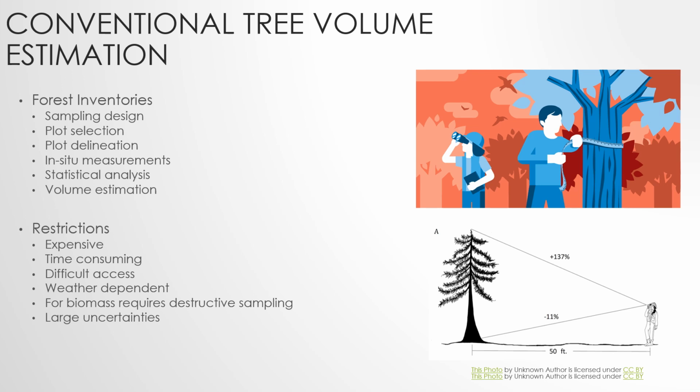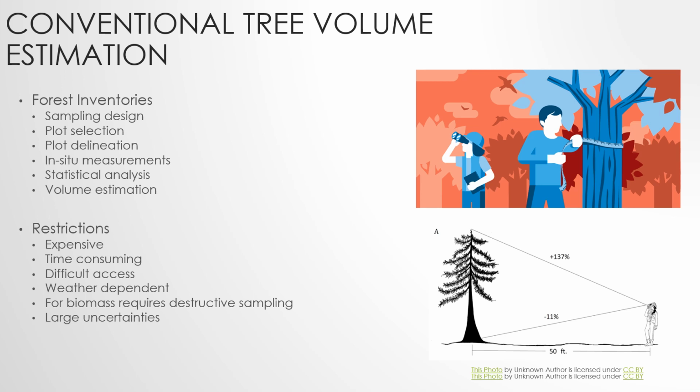There are different types of plots, but permanent plots are usually the most used ones. And so people have to go to those plots, measure the trees, and come back to those same plots over time to get comparable results. And based on that, estimate the different statistics to get volume estimates for the entire forest.